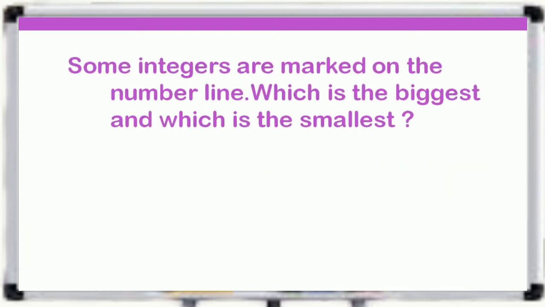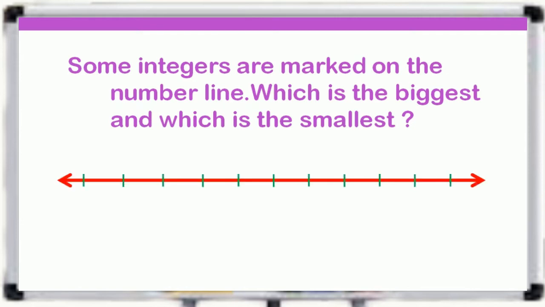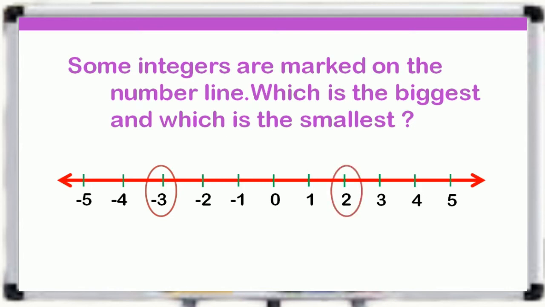So here some integers are marked on the number line. Which is the biggest and which is the smallest? Already you know the integers number line. At the middle we have 0, on the right side positive numbers, on the left side negative numbers. Here -3 is marked with a circle and 2 is marked with a circle.